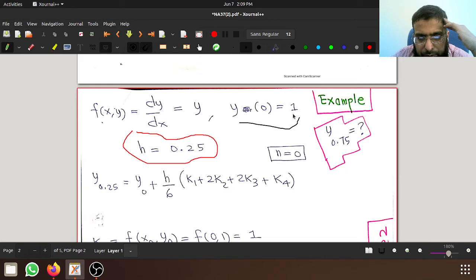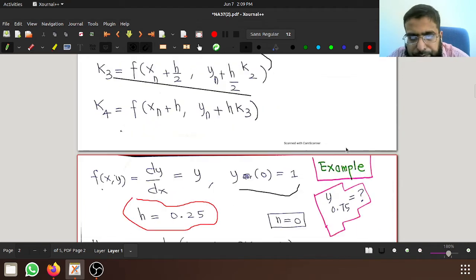So we start from 0, we take steps of 0.25. The first step takes us to 0.25, the next step takes us to 0.5, and then the next takes us to 0.75. So we require 3 steps.